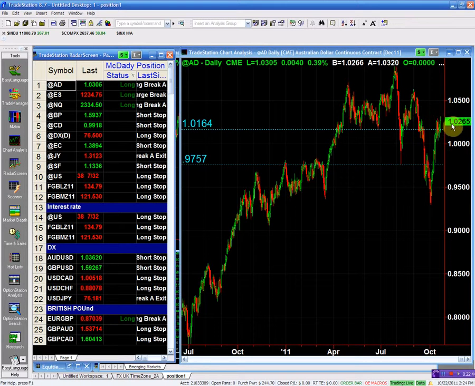As I said, this is a sell signal right there, and we have now a break below the 101.64. We should be getting a bigger capitulation.